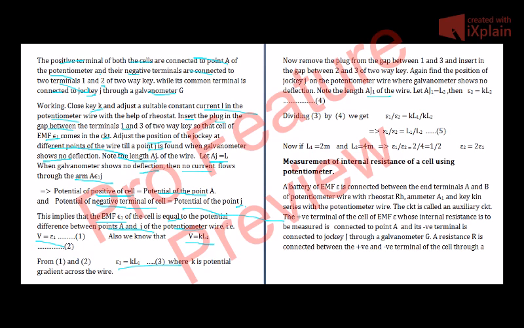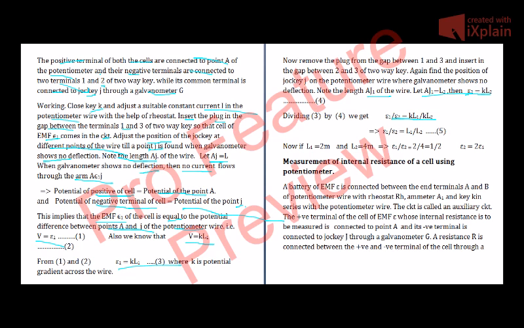Let us denote the length by AJ2, and let AJ2 be equal to L2. Then using the relation as in equation 3, we get another equation, E2 is equal to KL2. Let us denote this equation by 4.